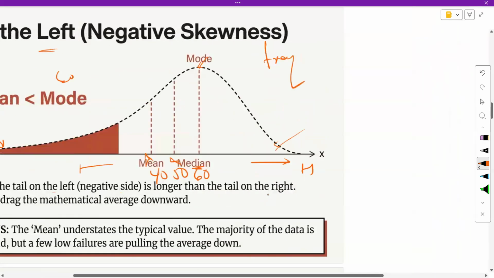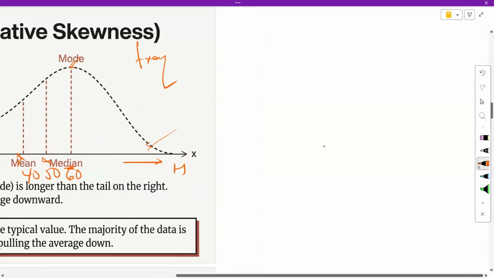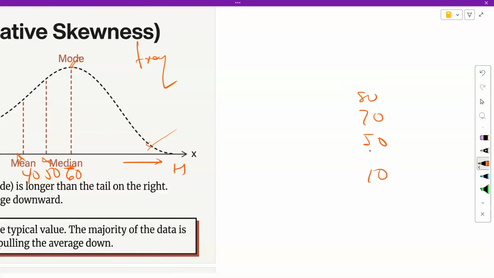Say, for example, we look at the age distribution of five people. One is 80, one is 70, one is 50, another one is 10 years old, another one is 60 years.